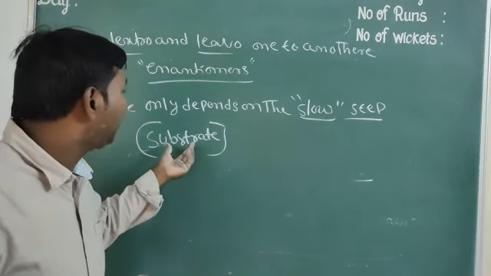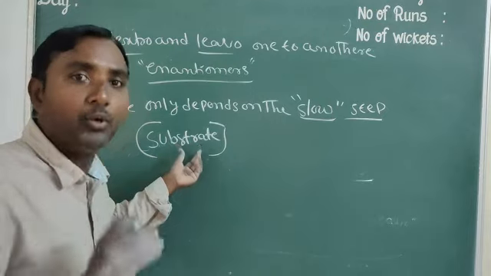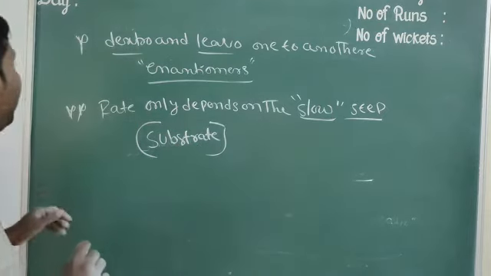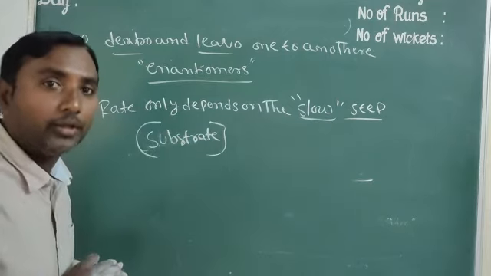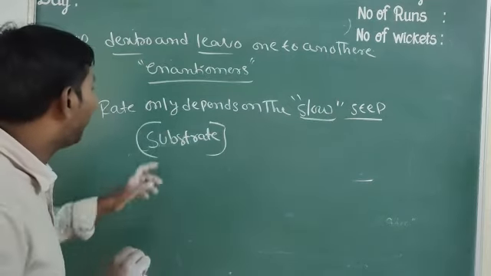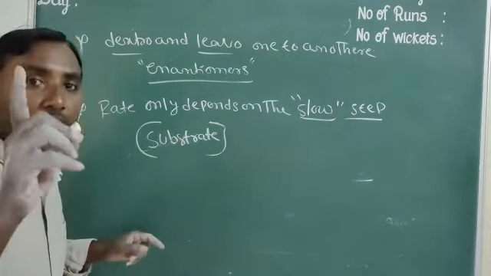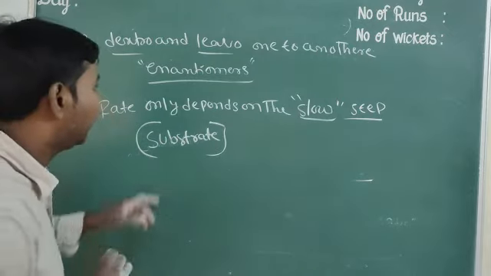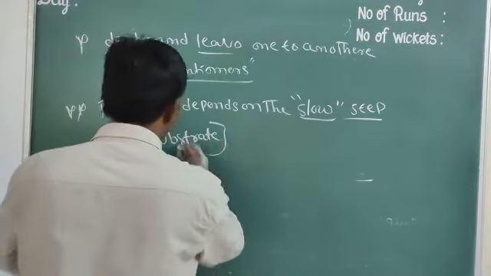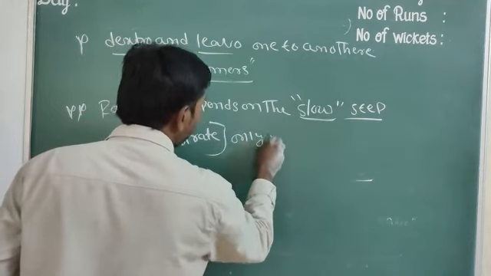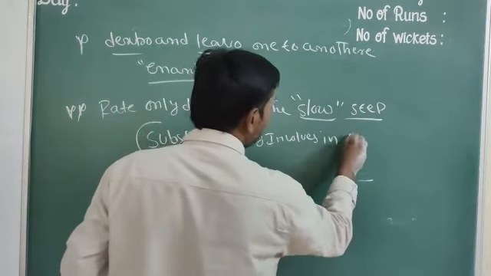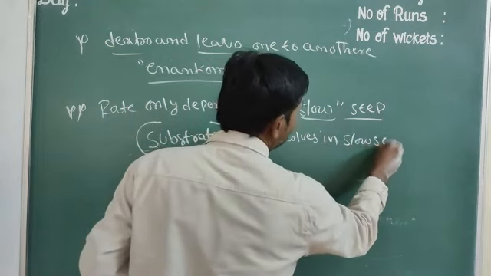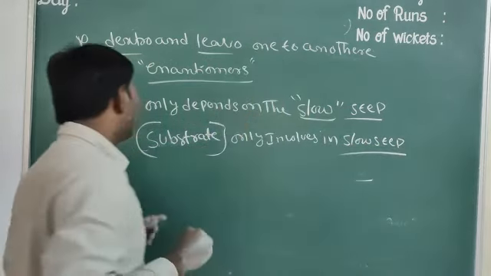Only substrate means mono. Mono means uni. That's why this SN1 reaction is called unimolecular. That means in the slow step only one molecule of substrate is involved.